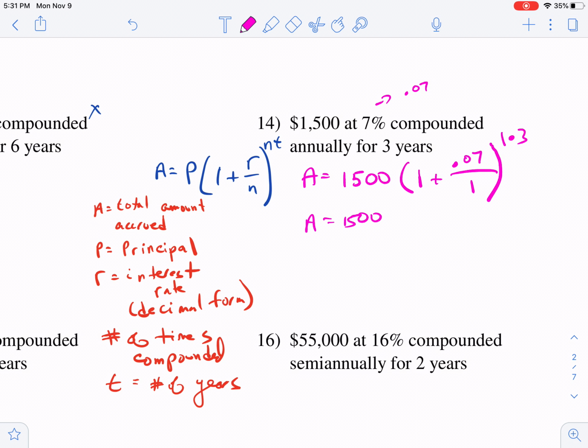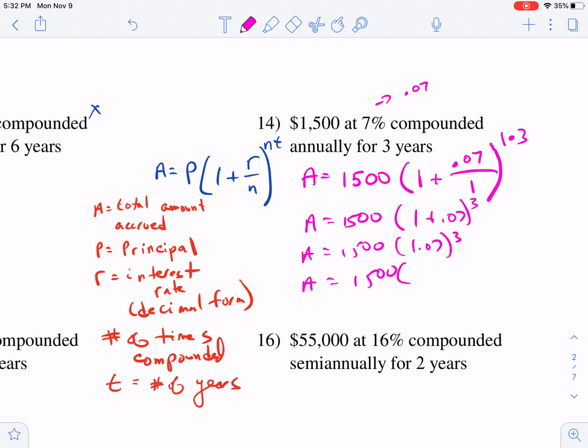So really, if I write it again, A equals 1,500 times 1 plus 0.07 to the third power, which is A equals 1,500 times 1.07 to the third power. What is 1.07 to the third power?